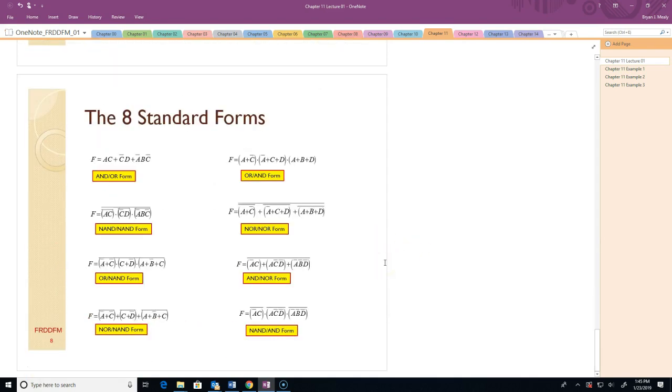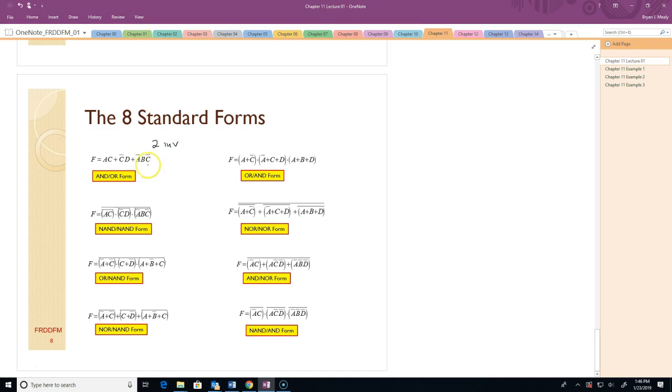So these are the 8 circuit forms that we just tweaked with. And so the idea here is how many devices do I need to do this, including inverters? Okay, so this equation here, let's look at this. We'll just try to do this in a structured way. What am I going to need? I'm going to need two inverters.